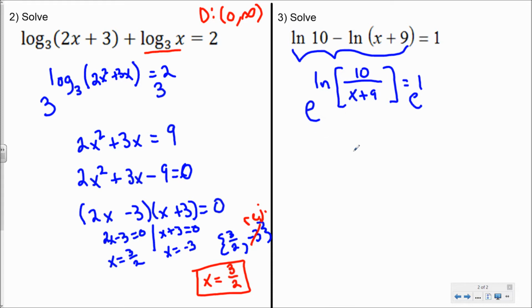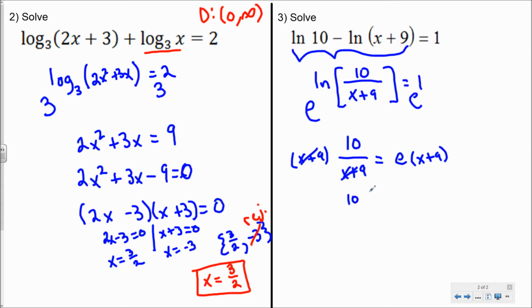When I do that, these two values will cancel out, leaving me with 10 over x plus 9 is equal to e to the first, which is just e. Now I have to isolate x, so I'm going to multiply both sides by x plus 9 to get these denominators to cancel out.